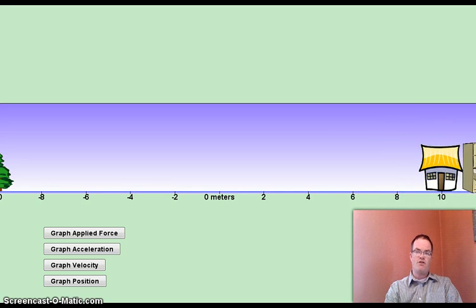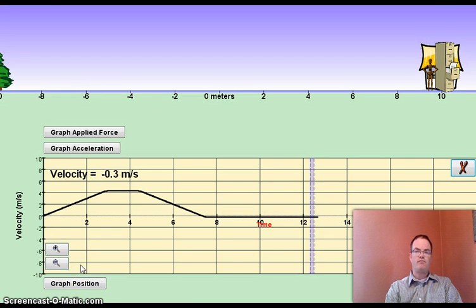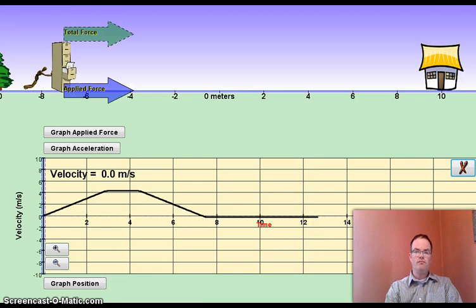Alright, so a very simple little demonstration, and we're going to watch it again, this time with a graph. Watch now as the motion is graphed before your very eyes.